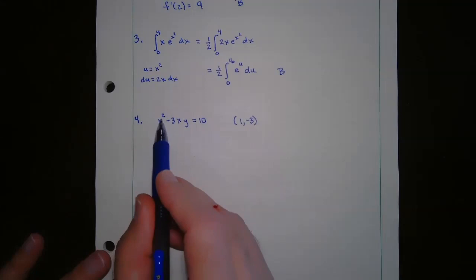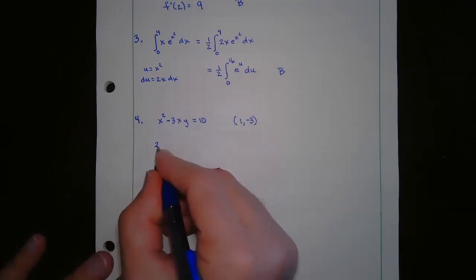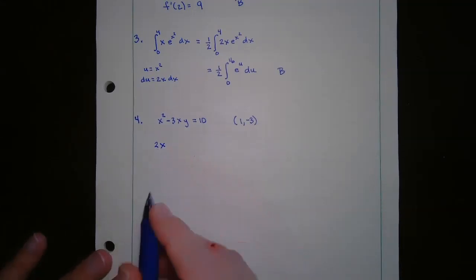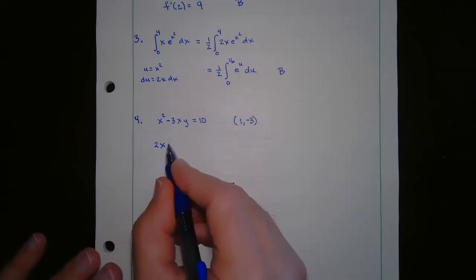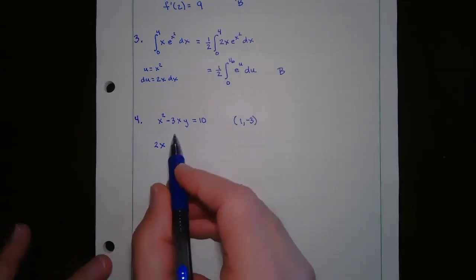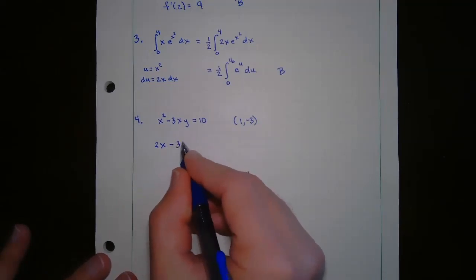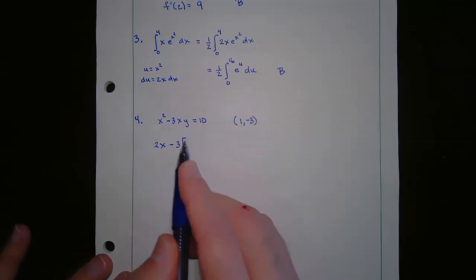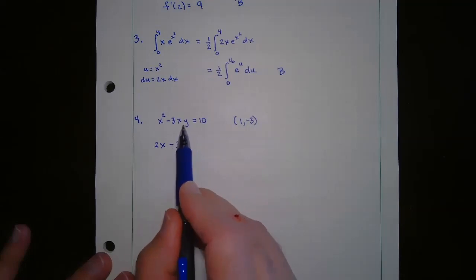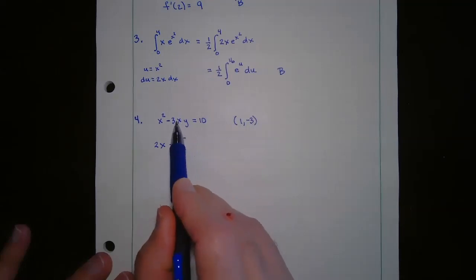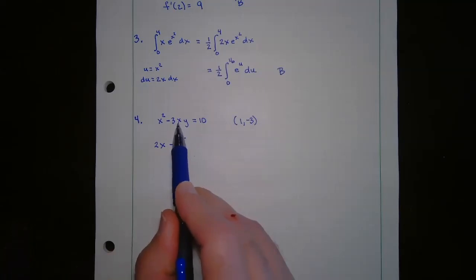Okay, so I've got to take the derivative of this, right? So the derivative of x squared would be 2x, right? And then dx over dx, all right? And then minus 3 times, okay, and now this is the product rule, right? Because I have x times y. So the derivative of x would be dx over dx, or just 1, right?